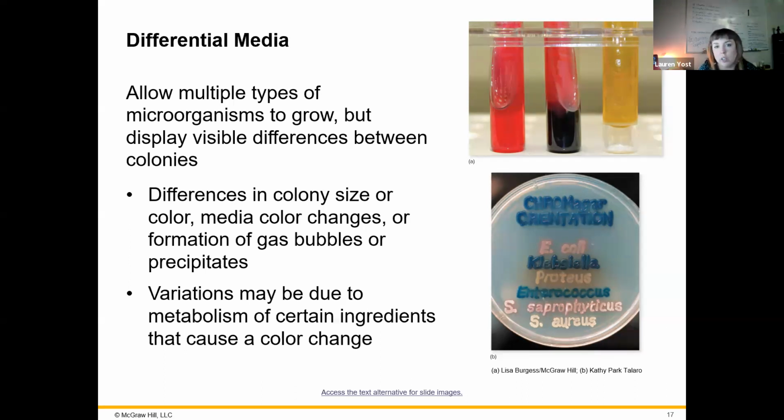So we have pH indicators added into the media, and then if there's acid production or some other byproduct made, we'll have a color change in the media or in the growth itself. So that's what we would see with differential media. We'll investigate that a lot in the lab.